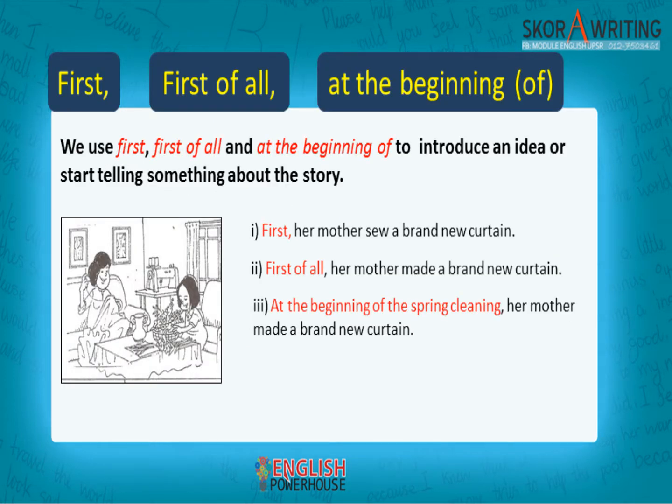Next, we look at the use of firstly, secondly, thirdly, and lastly. We use firstly, secondly, thirdly, and lastly to describe a list of ideas or actions.